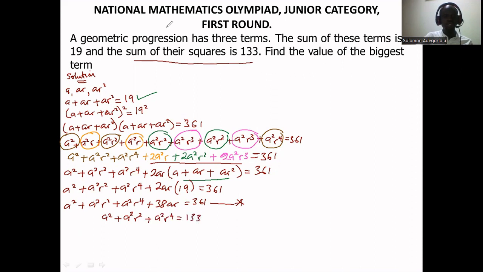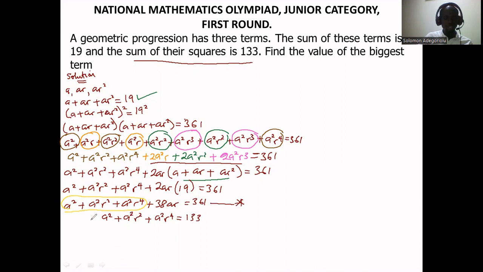So getting this, we're going to replace this 133 with what we have here. Take a look at this. This here, A squared plus A squared R squared plus A squared R raised to power 4, we replace it with 133.